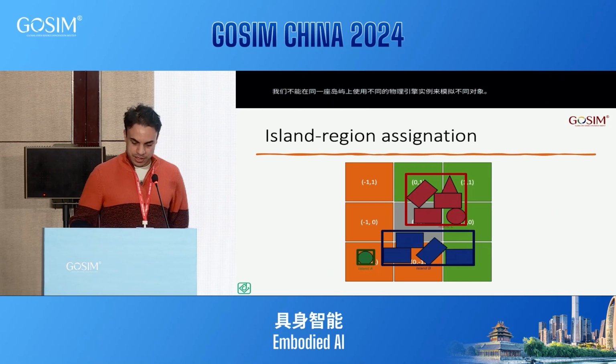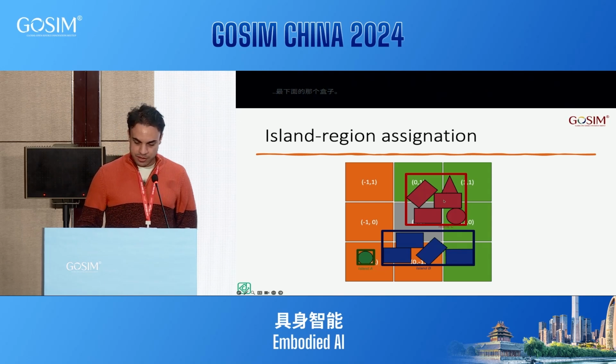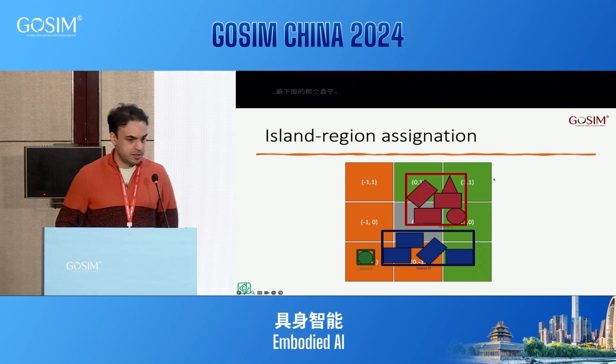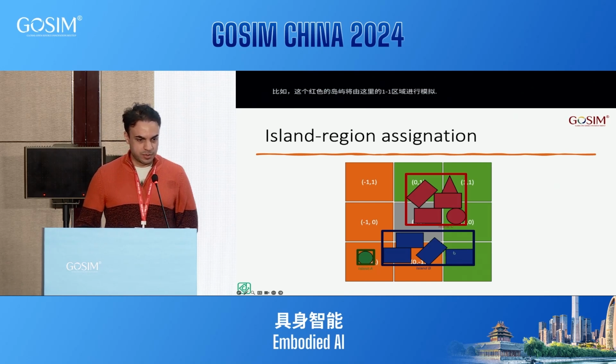So what we do is that we look at the bounding box of the complete island, and we will say that whichever region contains the maximum point of this bounding box is responsible for simulating the complete island. So this one, the red one, for example, will be simulated by the 1-1 region here, but not by any of these three other regions. And the blue one will be simulated by 1-0, and the orange one will be simulated by -1, -1. And this is despite the fact that objects are crossing boundaries.